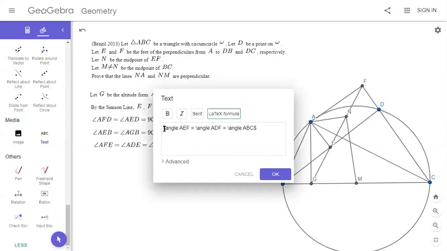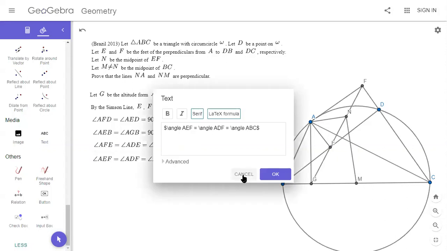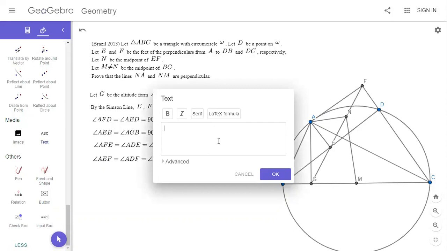Wait, why did one take only 2 steps and the other 3 equalities? It's fine. Anyways, that means triangle AEF is similar to triangle ABC.